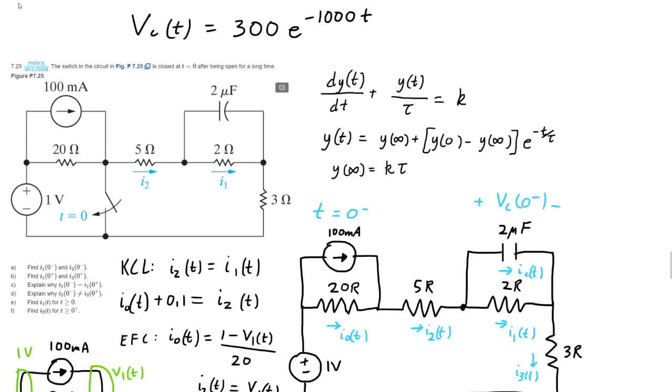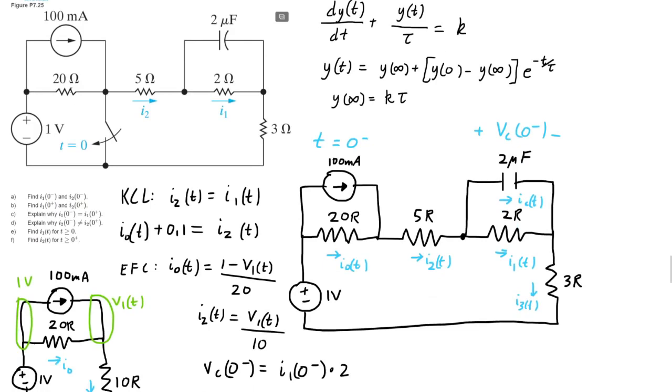The way we're going to do that is we're going to first look at the steady state. So the switch has been open for a long time, which means that this capacitor over here has been fully charged. And that means that the current going through it goes to 0. There's a very small leakage current that we can ignore.